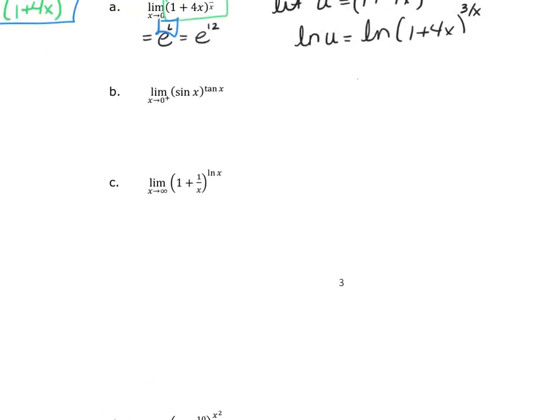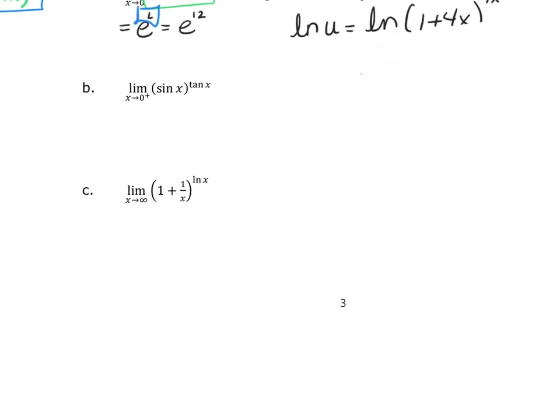Okay, so let's go back over here and do C. What I'm going to do again, just like before, is let u equal 1 plus 1 over x raised to the natural log of x.